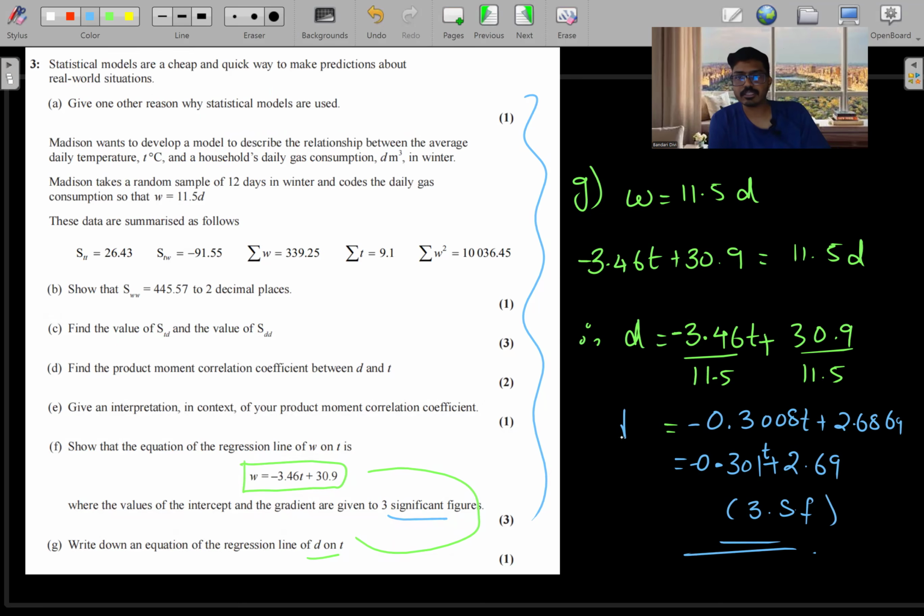So we have to take this equation, our equation with three significant figures. I have marked it in the white box, you can see this is our equation. We are going to take this equation and put it in the next part.